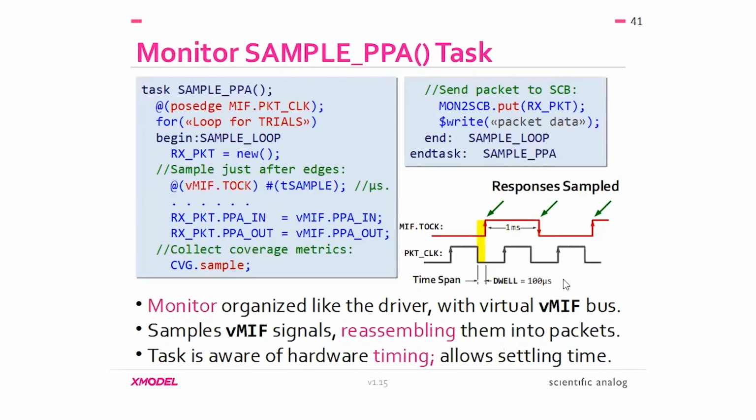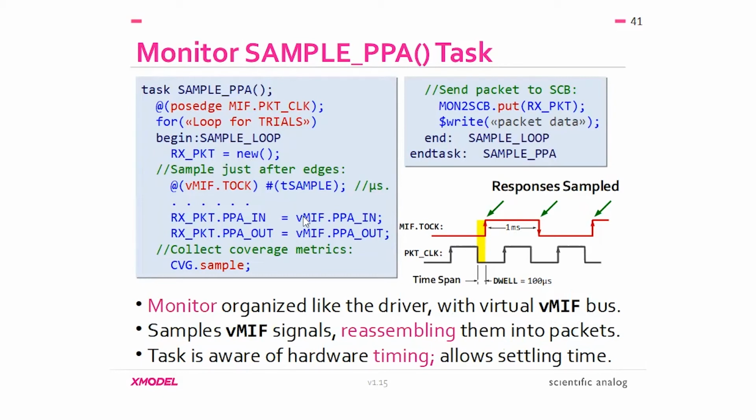Let's turn our attention to the monitor class. It's organized in a very similar manner. It has its own virtual vmif bus. So we'll just focus on the main monitor method sample PPA. And on each iteration of this for loop, it creates a new ready-to-use receive packet.